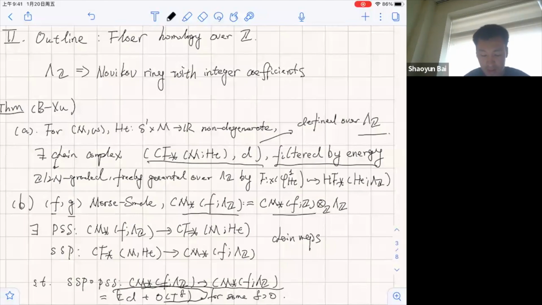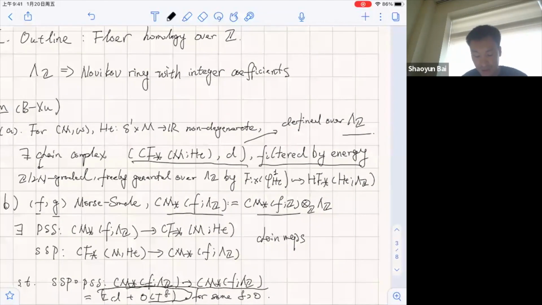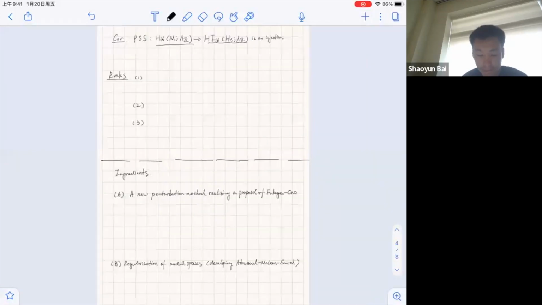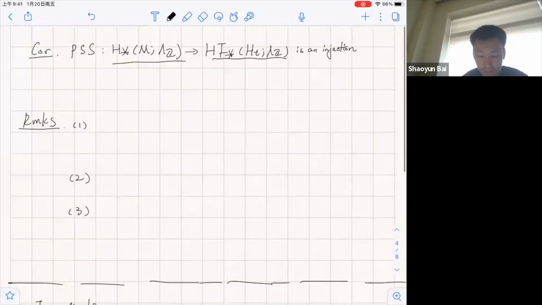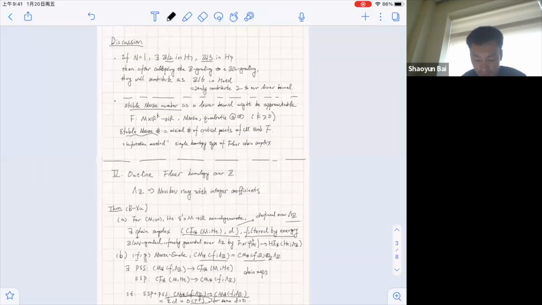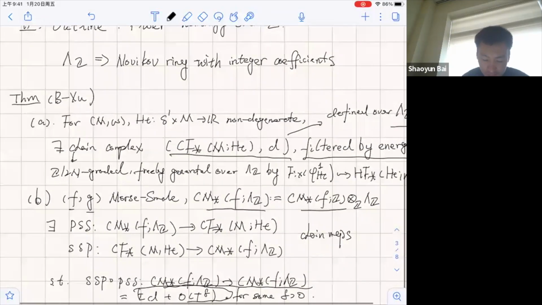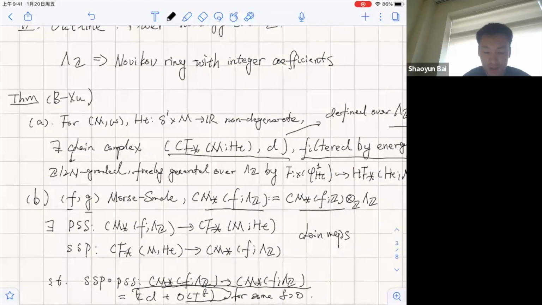So PSS has a left inverse, so it's an injection. Let me be more precise here. It shouldn't be equal, otherwise we've proved the strong Arnold conjecture. It should be chain homotopic. Yeah, that looks better.